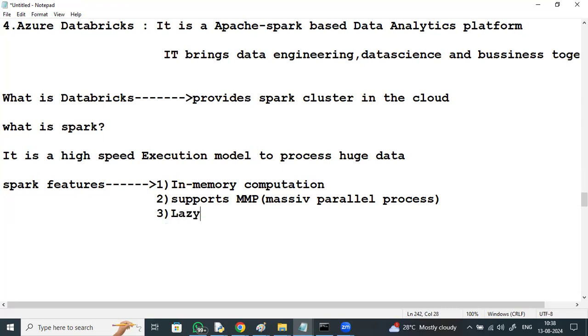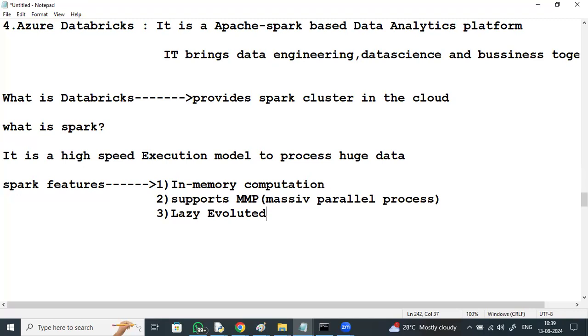Spark is lazy evaluated. Lazy evaluated means the flow executes on demand. Whenever you perform an action, only then does the flow execute; until then, it won't execute.